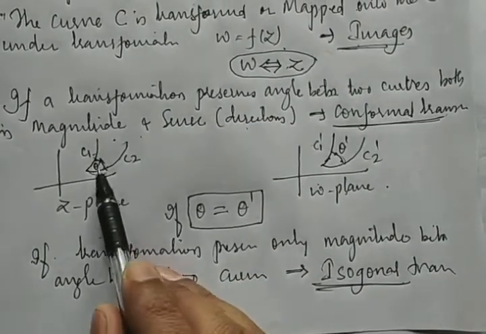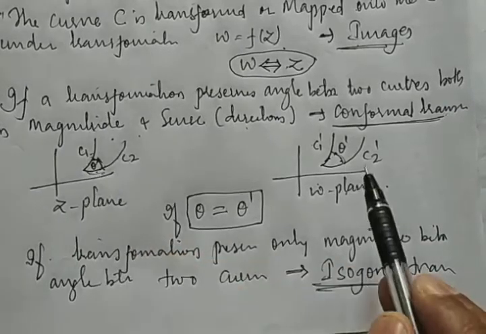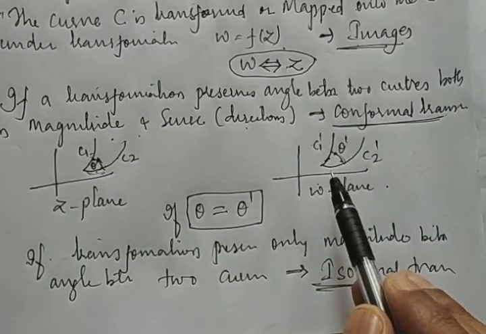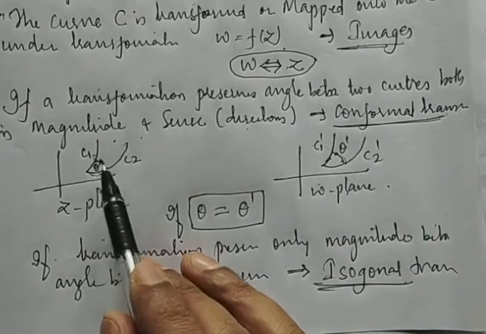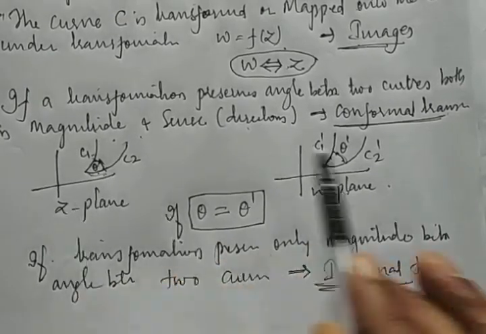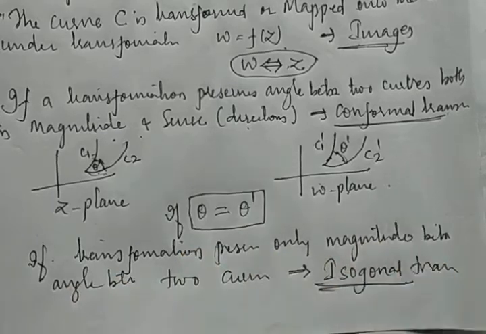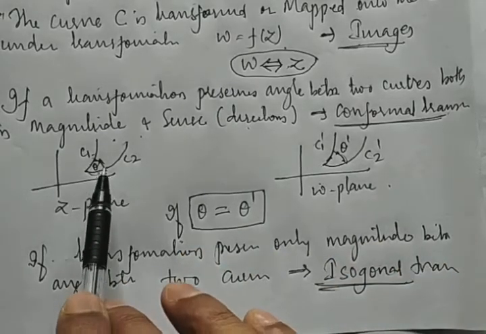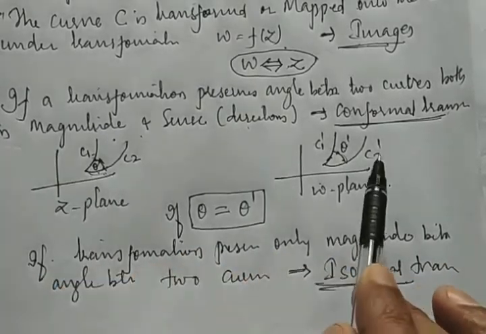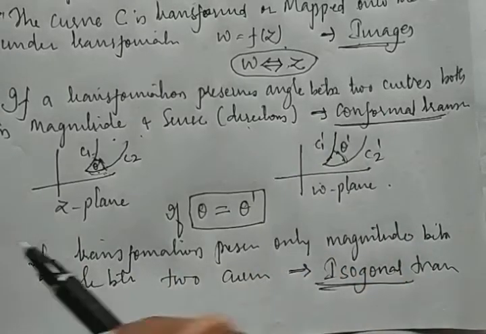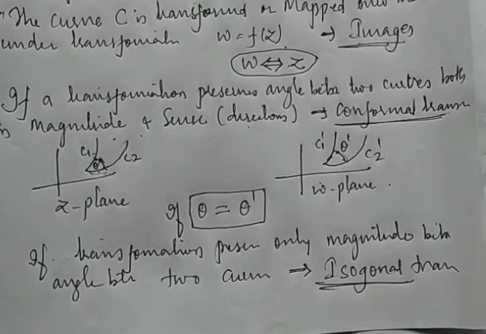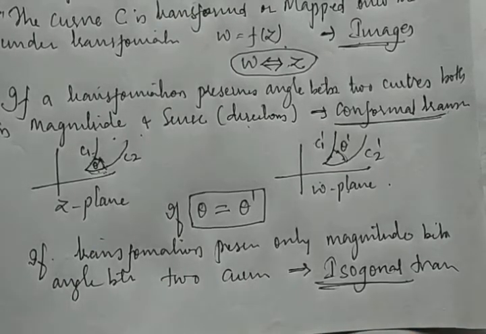If we trace the same curve in the Z plane, we automatically get its impact in the omega plane. If the magnitude of theta is the same here as well as there, say 45 degrees in both, but the direction is not followed, or it is in another direction, or there is no direction at all, then we call it an isogonal transformation.